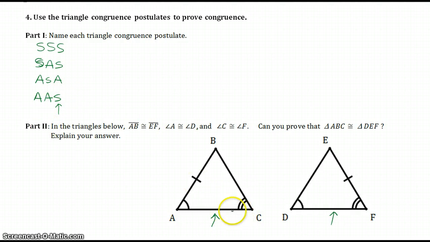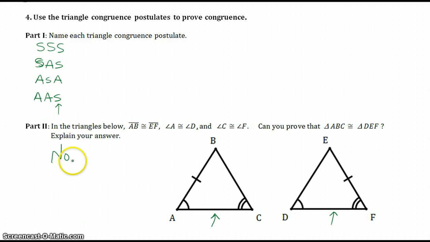Angle, angle, side, we would need, if we were going in this direction, angle C, angle A, and then side AB, we would have to go angle F, angle D, and then side DE. So the congruent sides that we have are not in corresponding places. So we're not able to prove congruence.